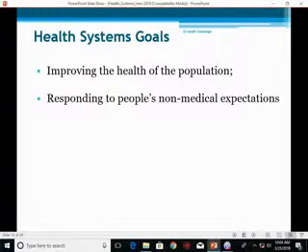What are the non-medical aspects? Yes, the services, cleanliness, waiting time, other facilities. How they talk to you, how you are received. So those are the non-medical aspects of care.